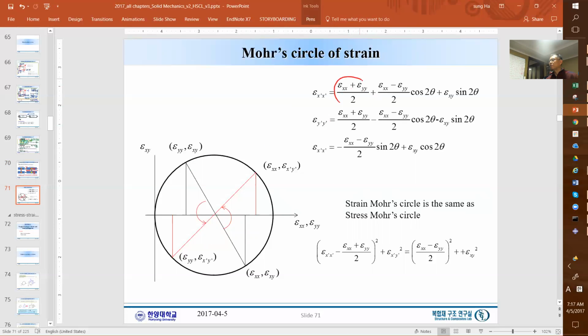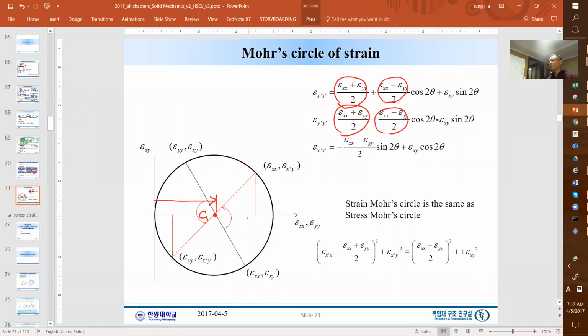Now, as we noticed in the stress transformation, this is the center of this coordinate. Okay, this coordinate I will just call C. Okay, so this is the coordinate. Now we have 2 terms, this minus.